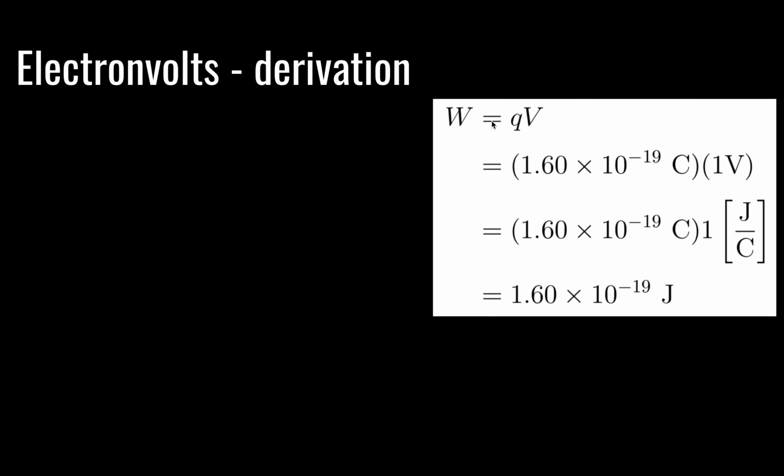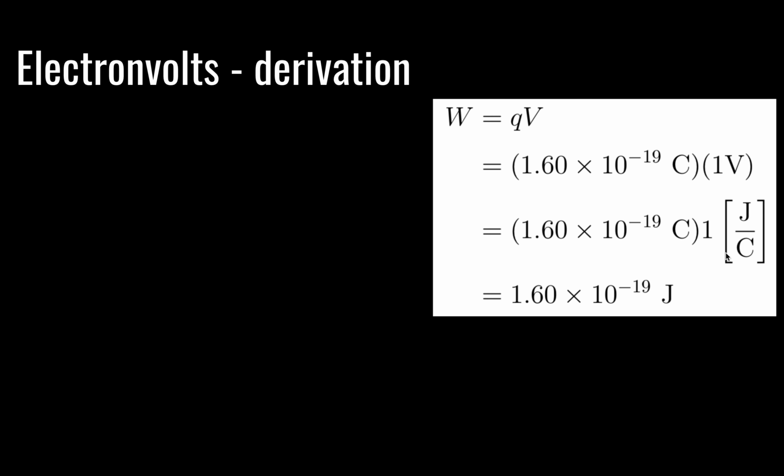So we rearrange our prior formula for volts such that work done is equal to charge times voltage. Conveniently, we've set voltage to 1 volt, and we know the charge of an electron, it is 1.60 times 10 to the negative 19 coulombs. So we just have to multiply this by 1. So simple, so easy.